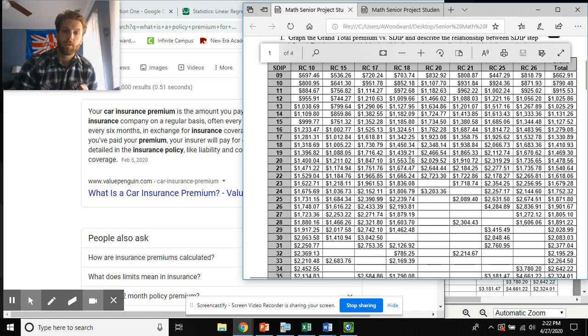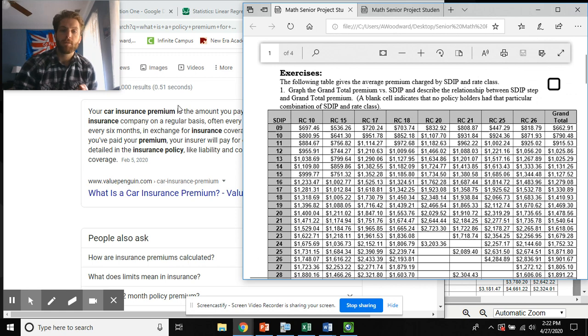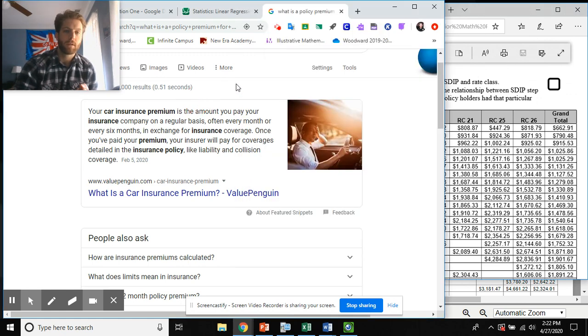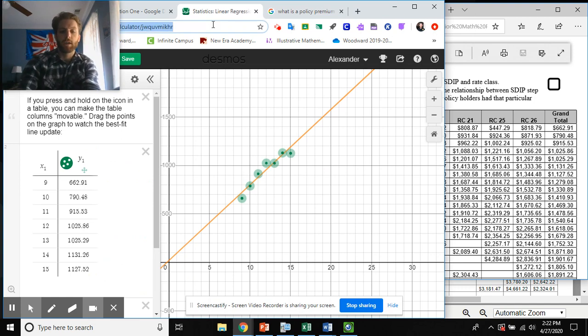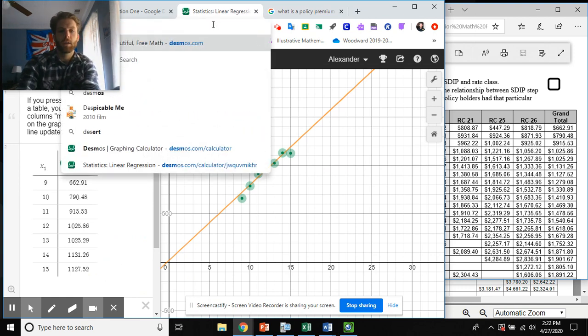Okay, so in order to graph these two, we're going to be using Desmos. I'm going to log in here to Desmos right from the beginning.